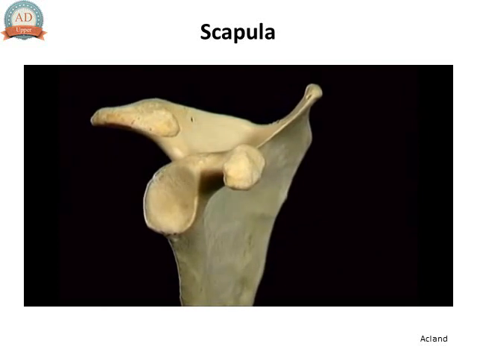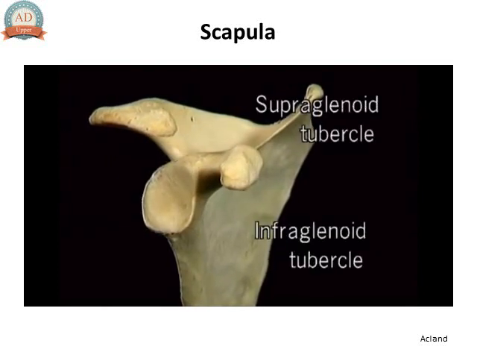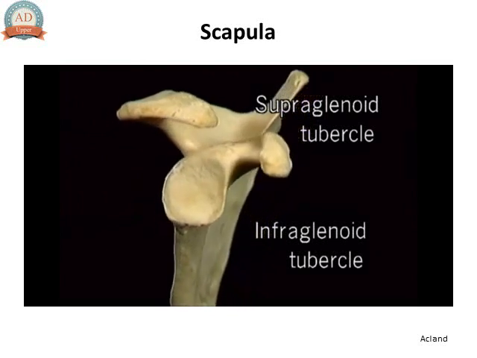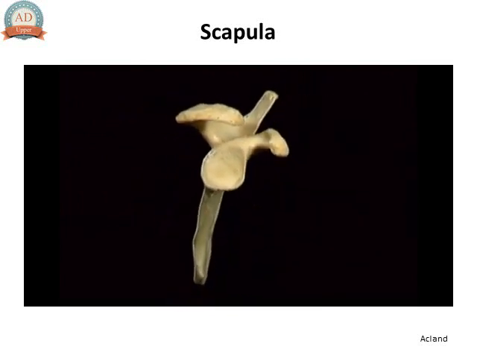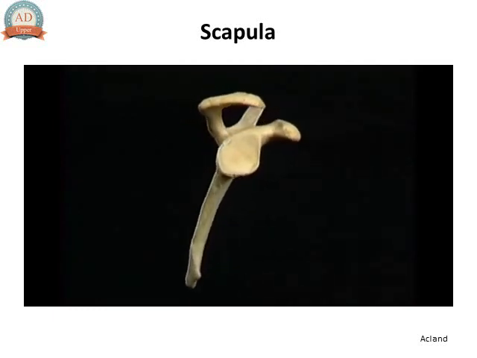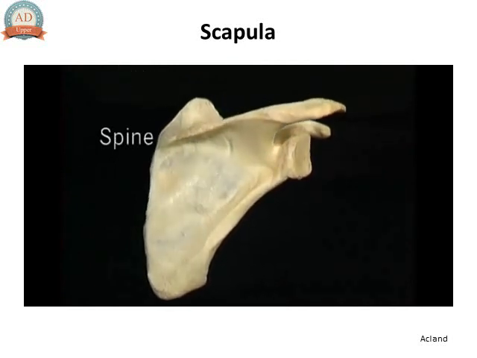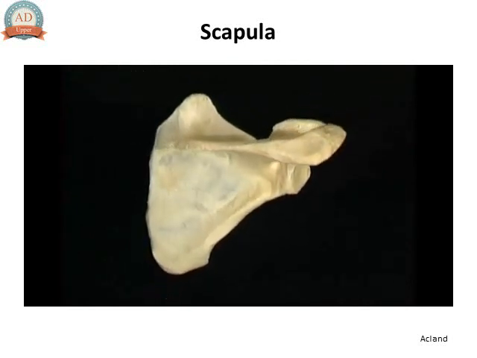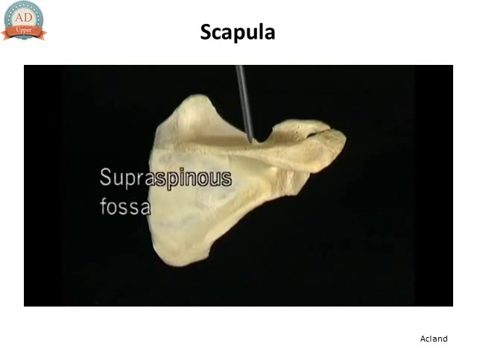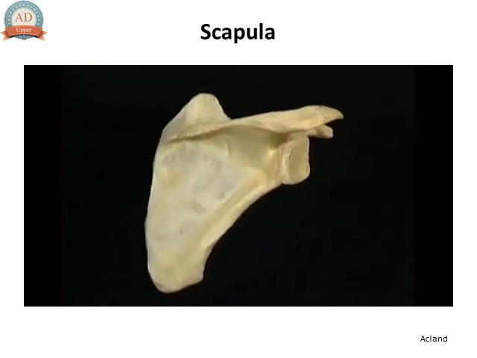Above and below the glenoid fossa are the supraglenoid tubercle and the infraglenoid tubercle, where two tendons are attached, as we'll see. A prominent bony ridge, the spine of the scapula, arises from the dorsal surface and divides it into the supraspinous fossa and the infraspinous fossa.